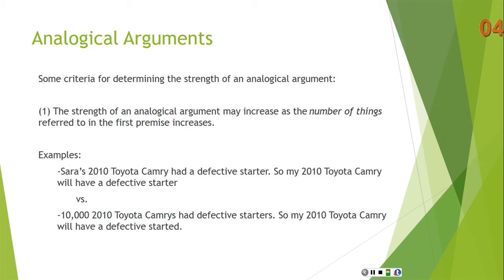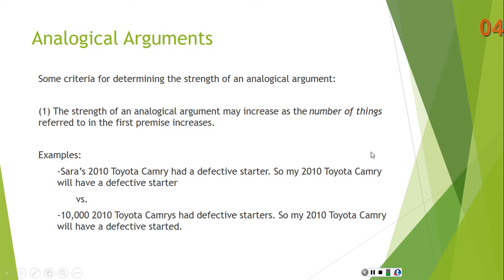This is much stronger than the first example. Now it's starting to look like there's some sort of underlying causal mechanism, a causal origin of the defective starter that's in common with my car. So maybe the starter just had a flawed design for the 2010 Toyota Camrys.